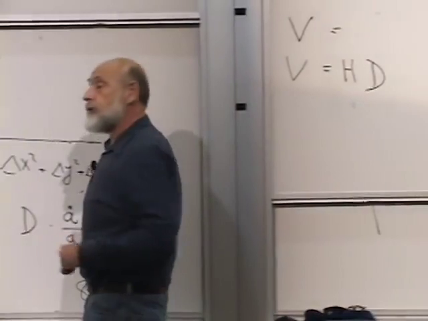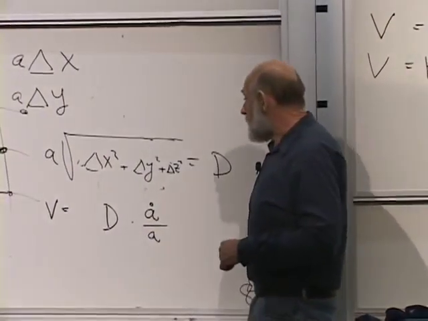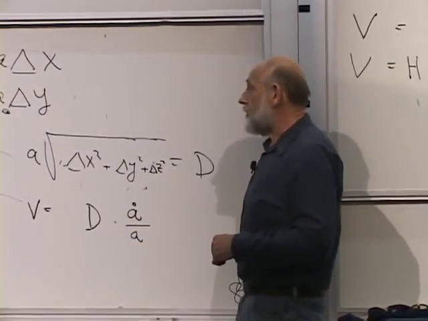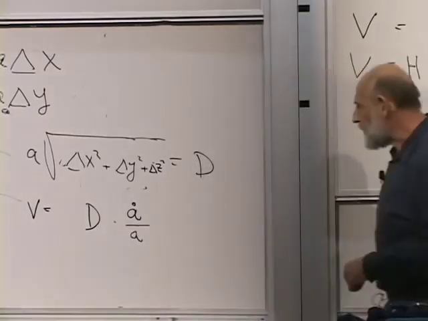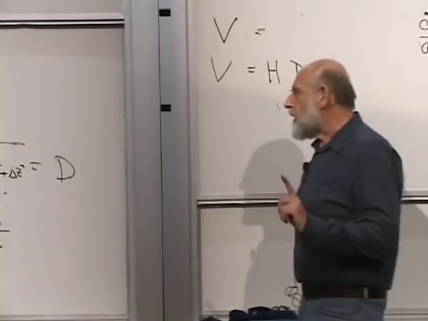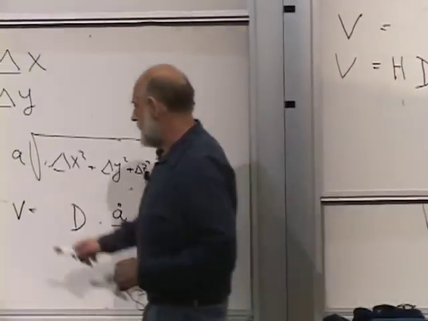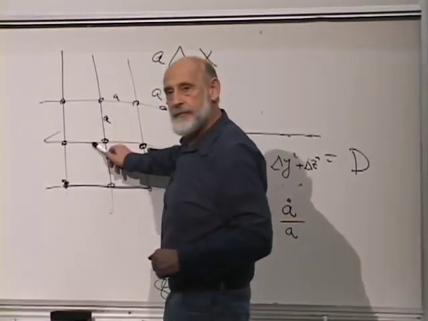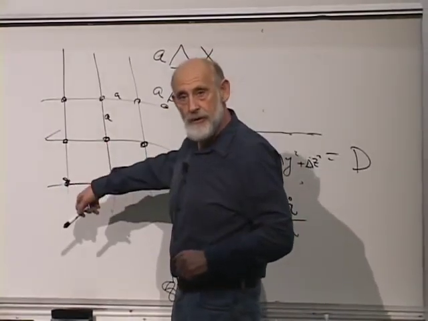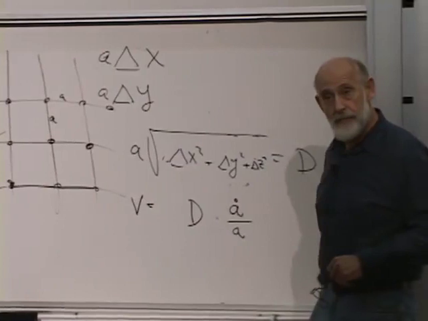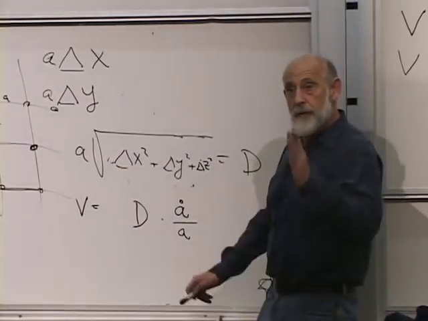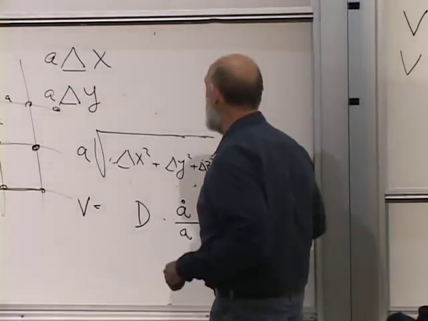What you can say is the velocity increases with distance, all right? But here's a possibility. Whether the velocity of a given galaxy is increasing or decreasing relative to us depends on how A is changing with time. For example, let's take a simple possibility.